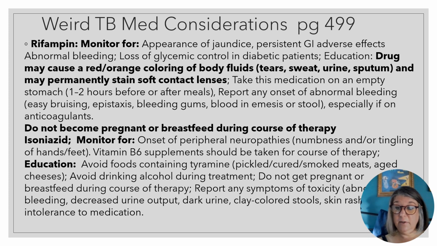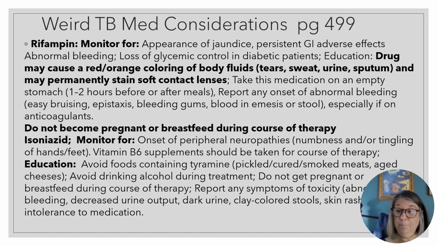It can be related to the rifampin. And don't forget, when we're talking drugs that are hard on the liver, we say no alcohol, not just some alcohol. We really try to go with no alcohol. You do not want to become pregnant or breastfeed during the course of therapy with rifampin. That's a huge one. We always want to think about pregnancy considerations.